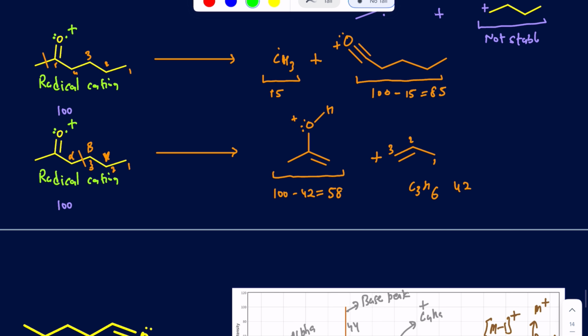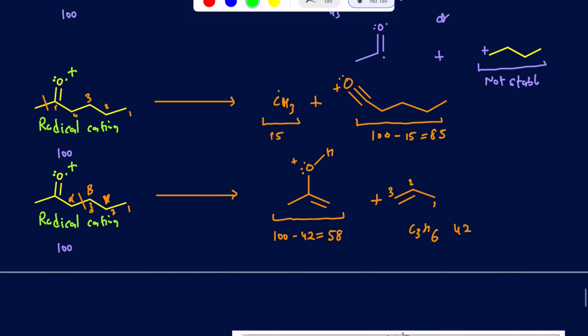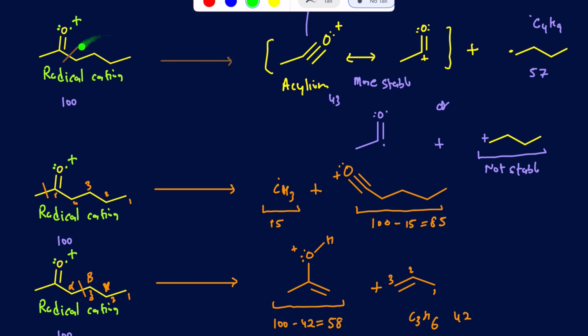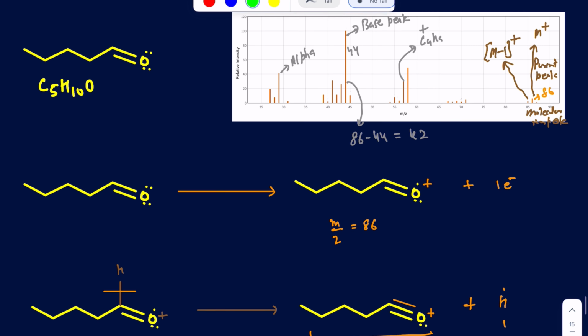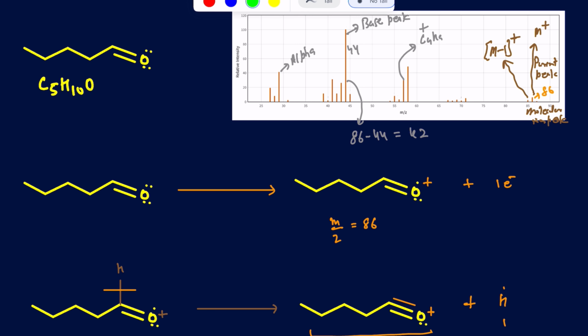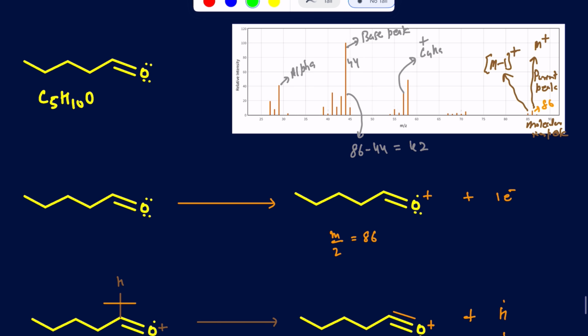When we lost the propyl group right there, we lost 57. That's an odd number. When we lost methyl, we lost 15. That's an odd number. So that's another thing that you can keep in mind. So where this is coming from, it's losing an even molar mass. This is very likely coming from the McLafferty rearrangement.